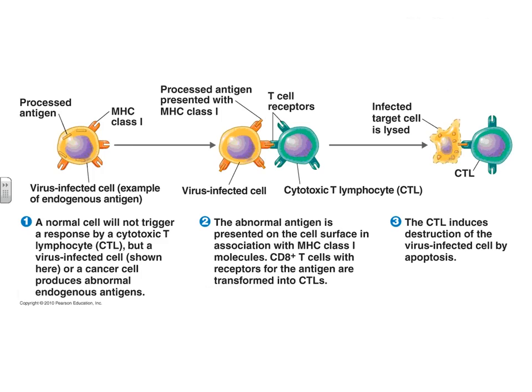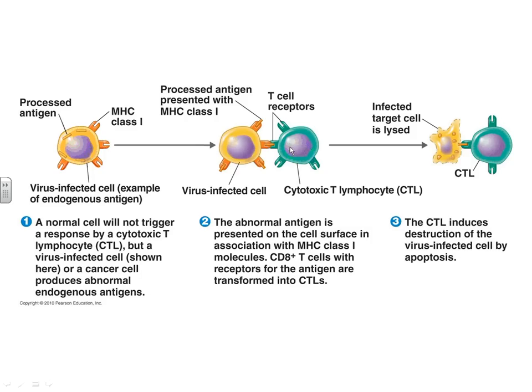Once the TH cell has realized that something is wrong, he can go tell B cells, make antibody, or he can go tell cytotoxic T cells, you need to start killing these bacteria. You can have a direct death of cell occur if a virus-infected cell presents an antigen to a cytotoxic T cell.